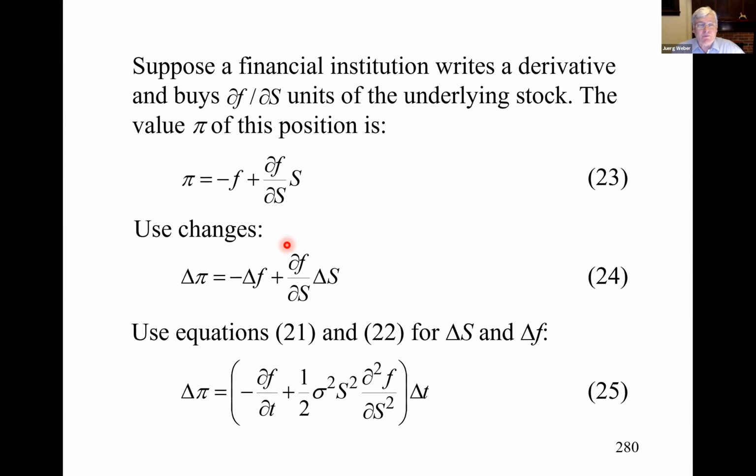So let's write the derivative. We are the writer, so our position is actually the negative of the value of the derivative. I have here the negative sign because we write this derivative. The holder of the derivative has a position F. The writer of the derivative has a position minus F. And then let's buy the underlying share, just delta times the underlying share.